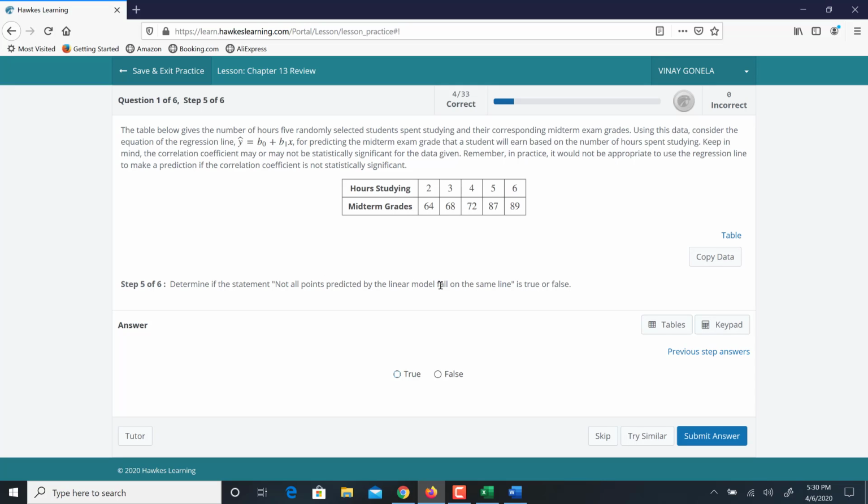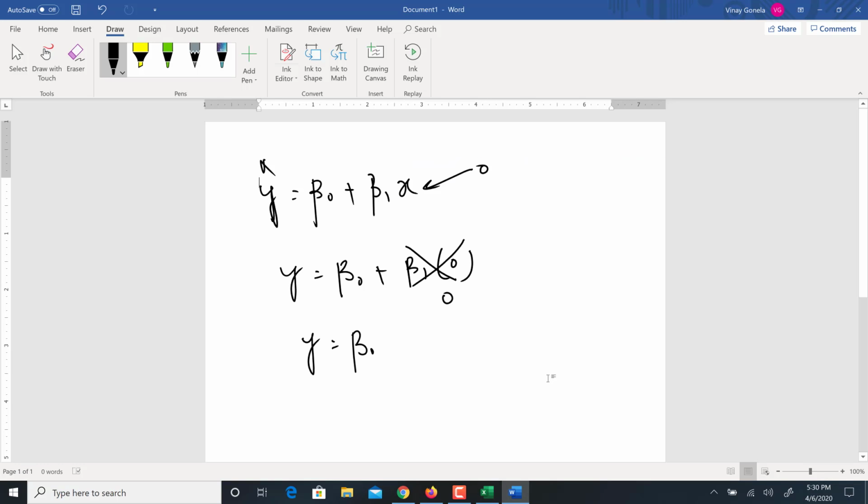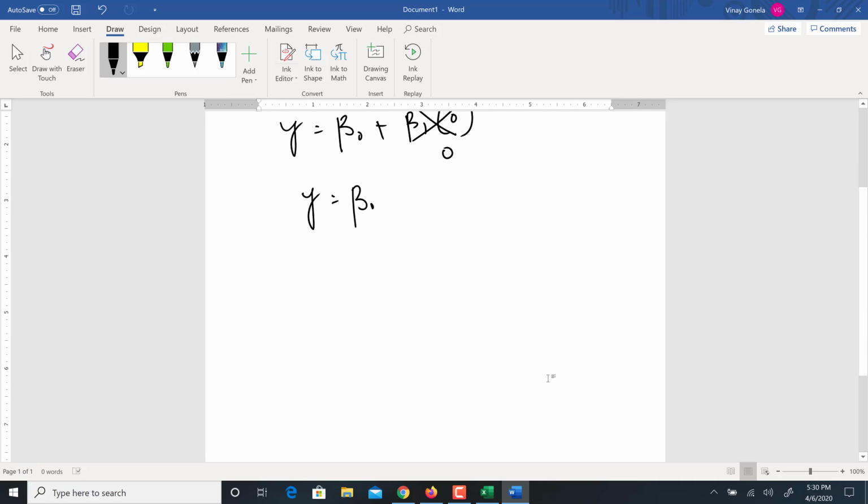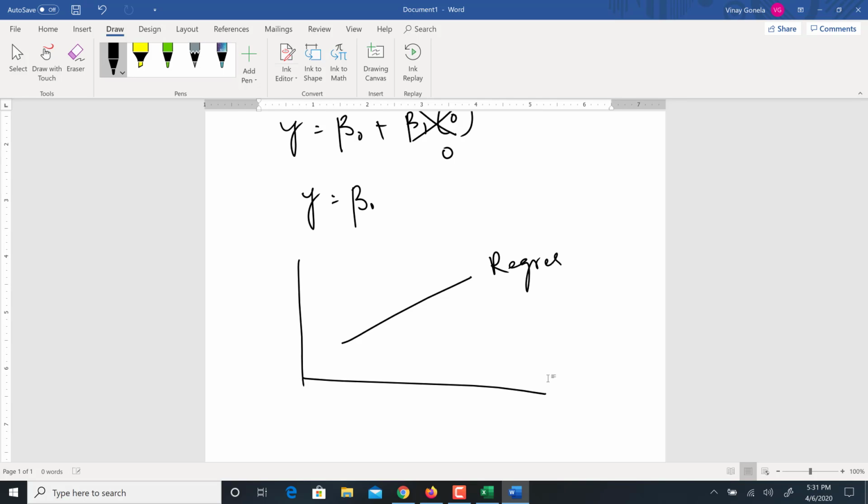not all the points predicted by the linear model fall on the same line. Usually when you develop a linear regression line, something like this, whatever you are predicting, if I have an x value here, I predict y would be this one.